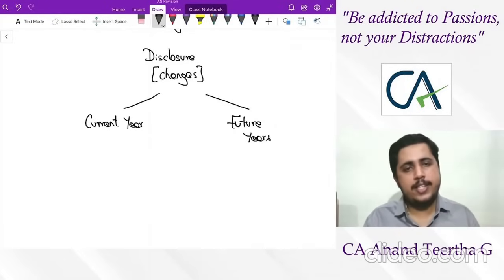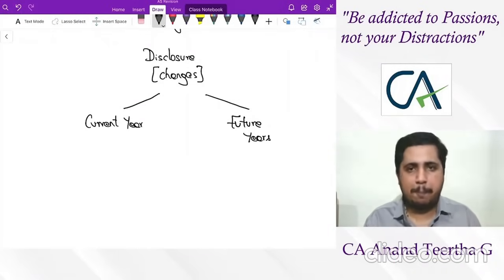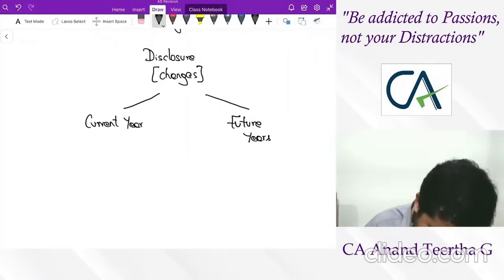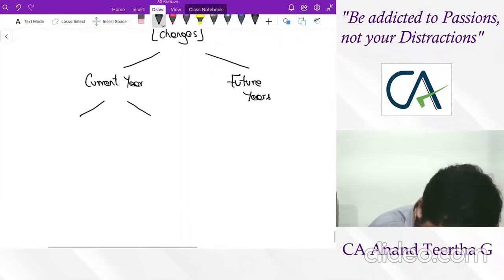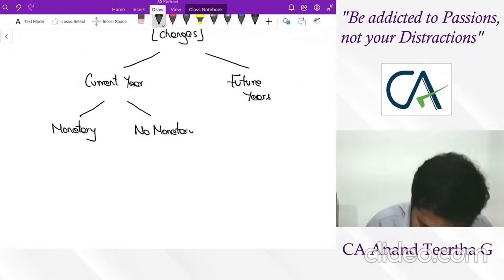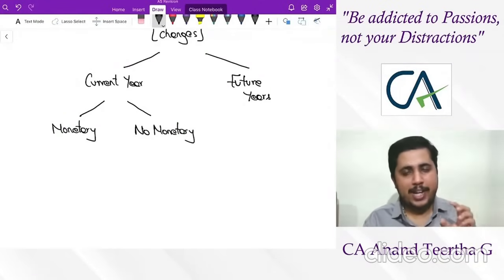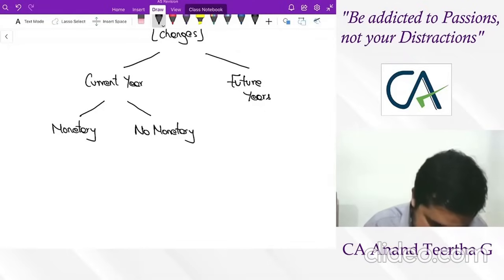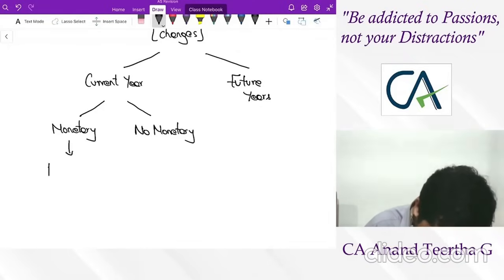So when there is an impact which is going to be applicable for the current year, then again it will be bifurcated into 2. Whether you can estimate on a monetary basis or there is no monetary basis. If it could be explained on monetary basis, then disclosure in terms of monetary basis is compulsory.